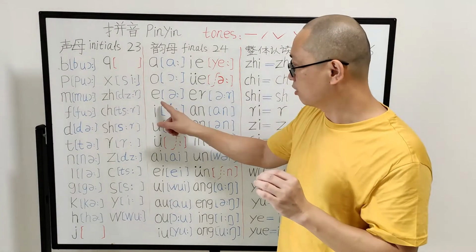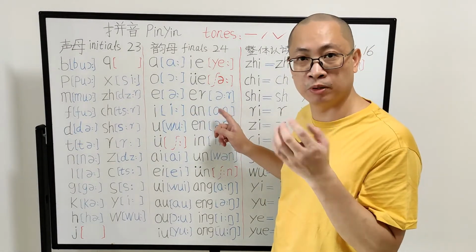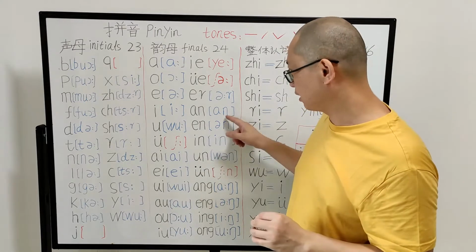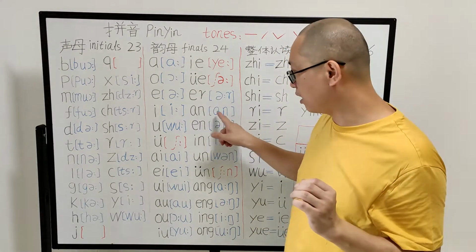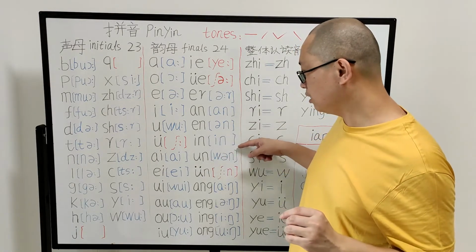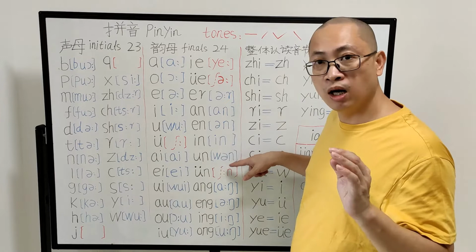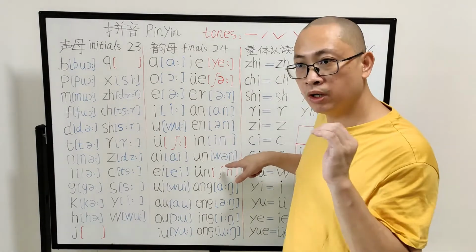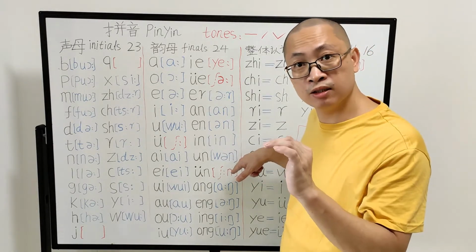Compare with this. Curve your tongue a little bit. Next, an, en, in, u, en, wen.